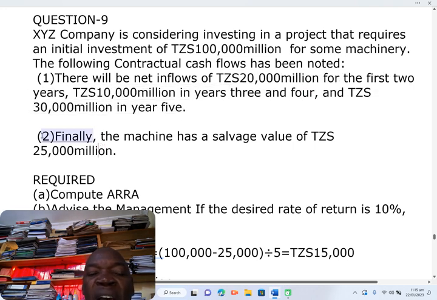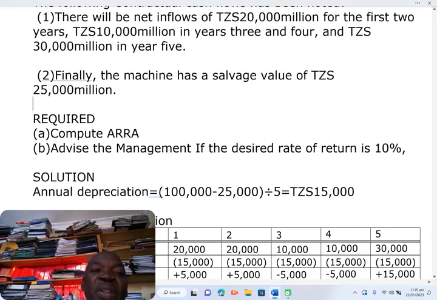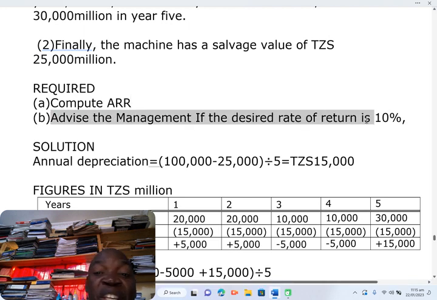Finally, the machine has a salvage value of Tanzanian shillings 24 billion. Then compute the IRR. Number 2, advise the management if the desired rate is 10%.